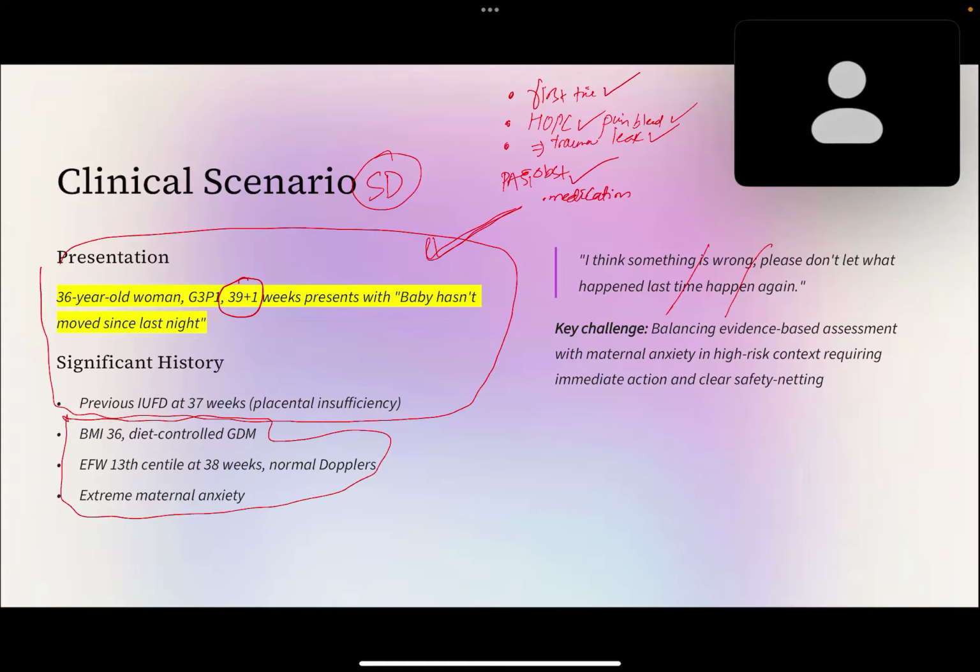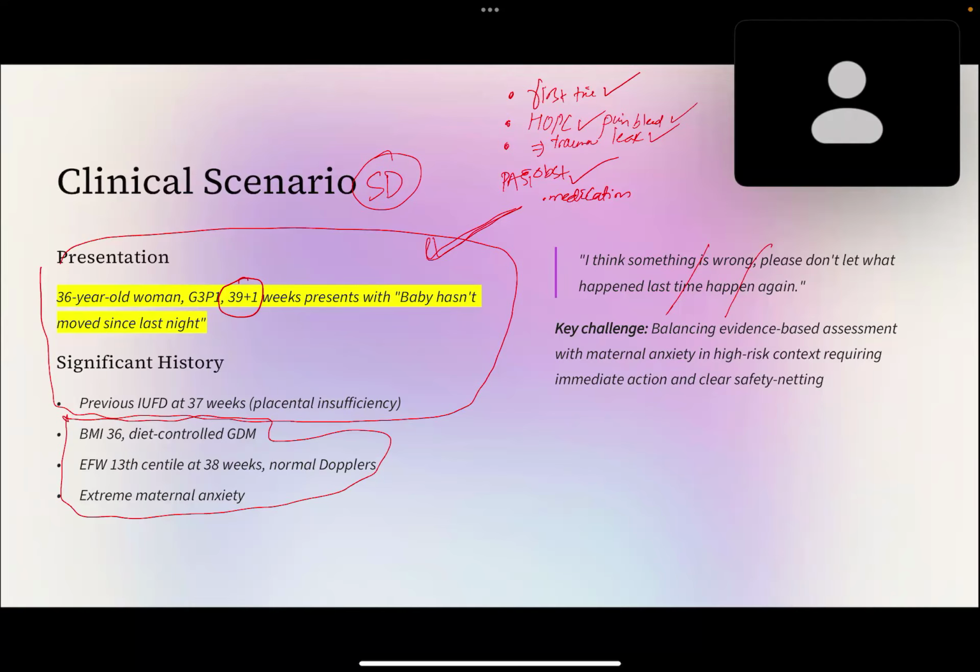Placental causes, like I said, could be due to hypertension or diabetes. And what else? A very small or very large baby.